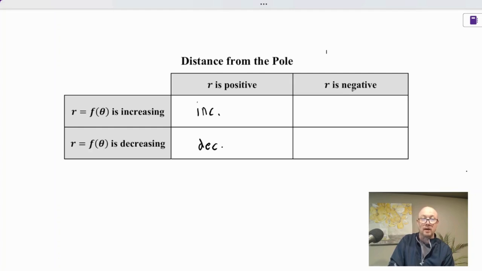If r is negative and the function is increasing, now it flips. So that means that r is getting smaller, but we're on the negative side. So that means that distance to the pole is decreasing. And then if r is negative and the function is decreasing, we have a negative r, and r is decreasing, so we're going down, we're moving away from the pole, so that distance between r and the pole is increasing.